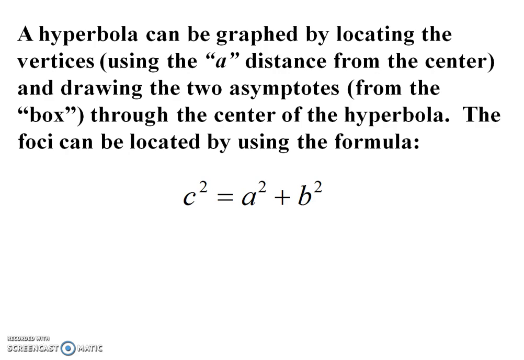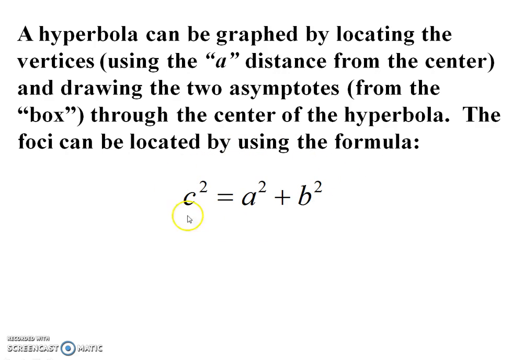For an ellipse, we could determine if it was horizontal or vertical based on where that larger denominator was in the equation. So we cared about the larger number in a subtraction problem, correct? We don't care about a larger number if we're adding numbers together, do we? So for hyperbolas, we don't care about the larger number. That's not what determines whether it's going to be horizontal or vertical. It's going to be which one comes first in our equation.